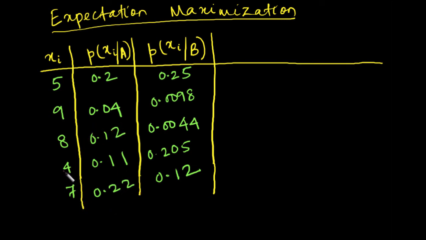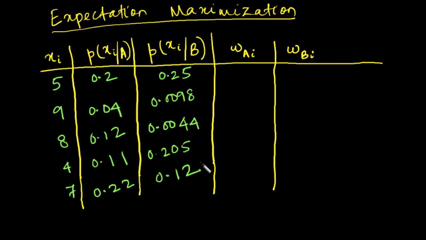But instead of completely discarding the smaller value, what you can do is that you can compute the weights corresponding to each of these probability values. So that is where the expectation maximization algorithm differs from the simplistic approach. So here you have the weight of A for the ith value and the weight of B for the ith value. So how do you calculate the weights?